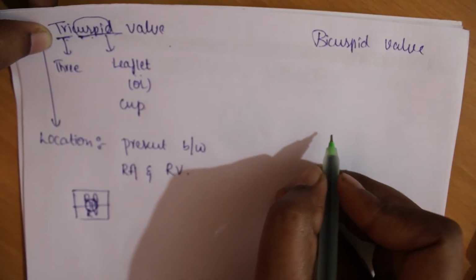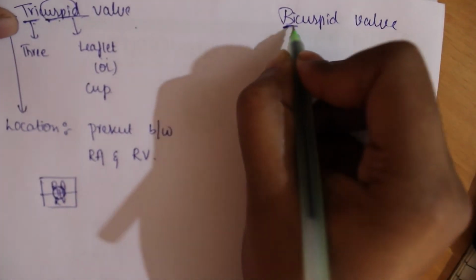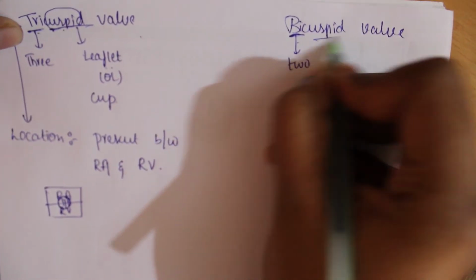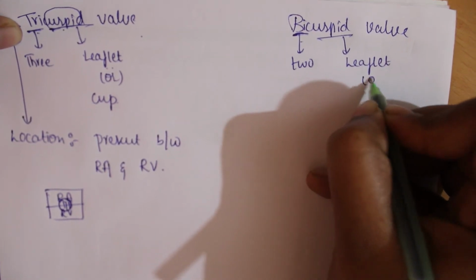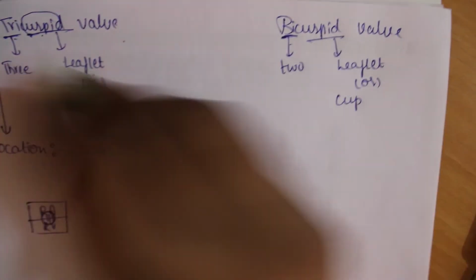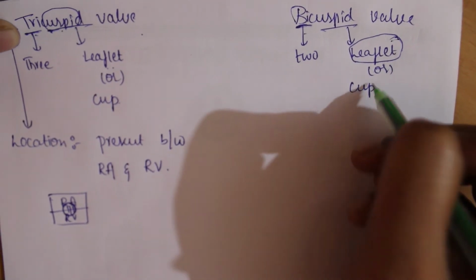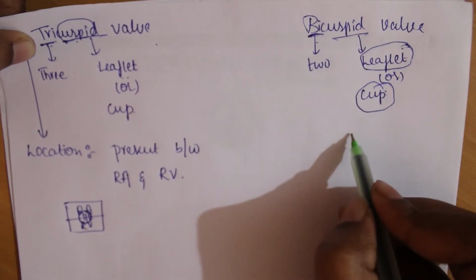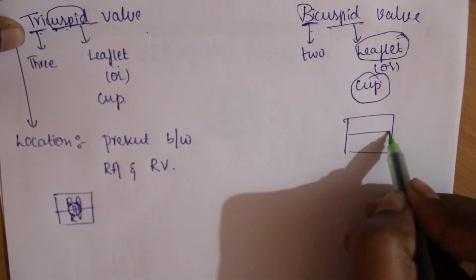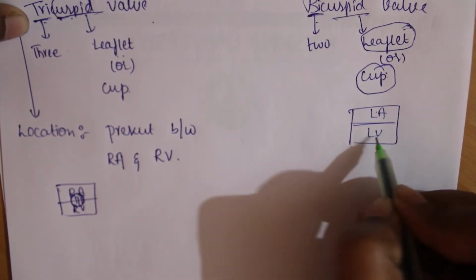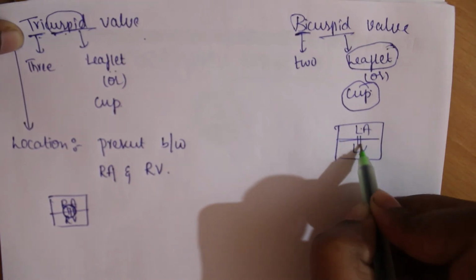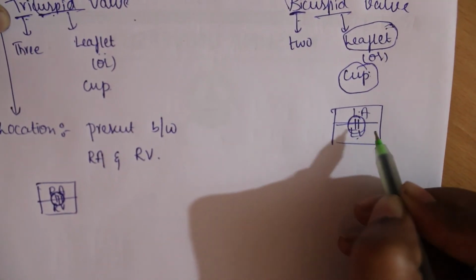Now move on to another one, that is the bicuspid valve. Bi means two, and cusp has a similar meaning. I already explained cusp in the tricuspid valve, that it is a leaflet or cup-like structure. These are present on the left side of the heart, between the left auricle and the left ventricle. This is the bicuspid valve.